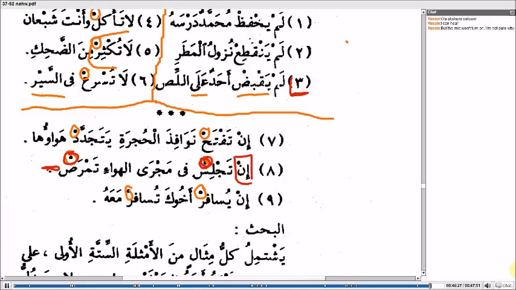Okay, Mustafa. So if I said Yusafir Ahuka Tusafir Ma'ahu, is that correct? Yeah, that would be a good example of not necessarily needing the "in" there. Why? You could imply that without saying the word "in."